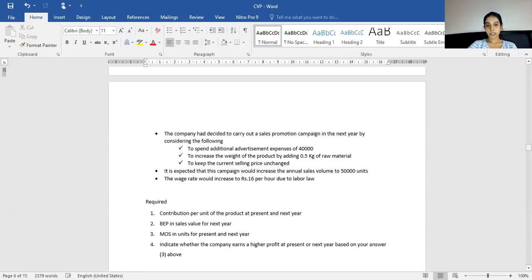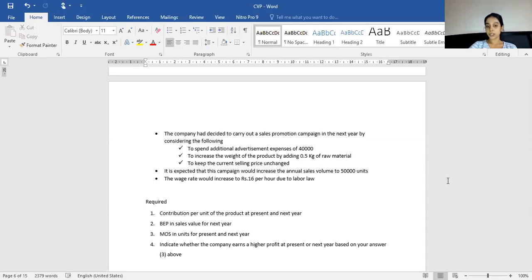There is some additional information as well. The company has decided to carry out a sales promotion campaign in the next year by considering the following. To spend an additional advertisement expense of 40,000. To increase the weight of the product by adding 0.5 kilogram of raw material. To keep the current selling price unchanged. It is expected that this campaign would increase the annual sales volume to 50,000 units.